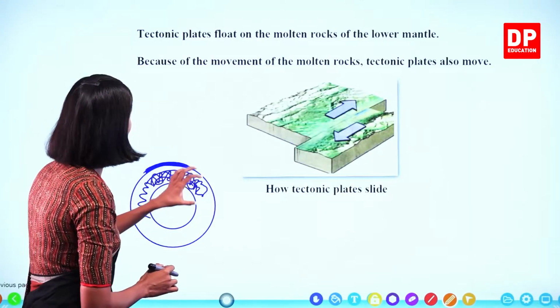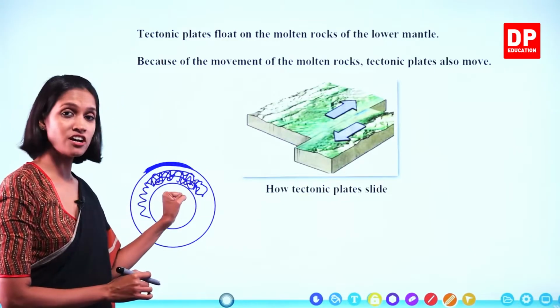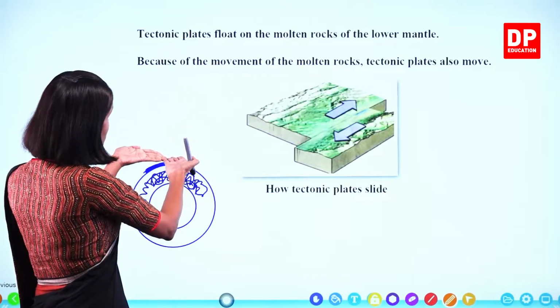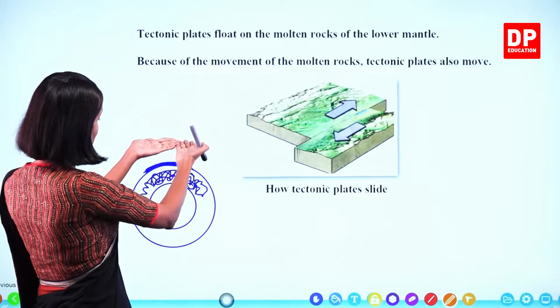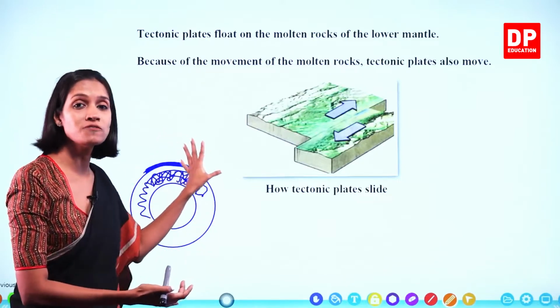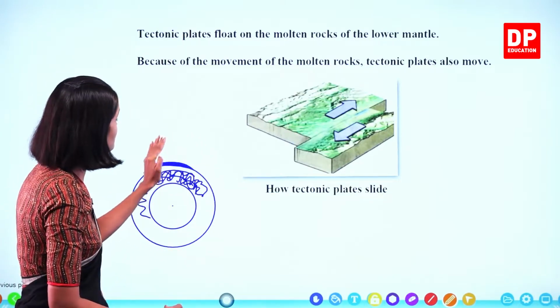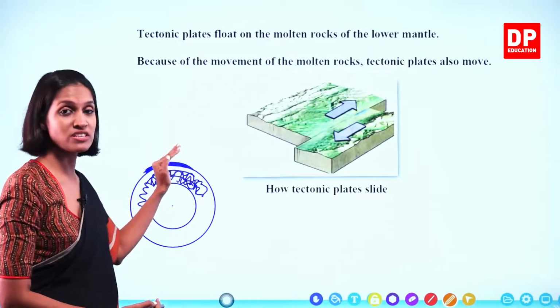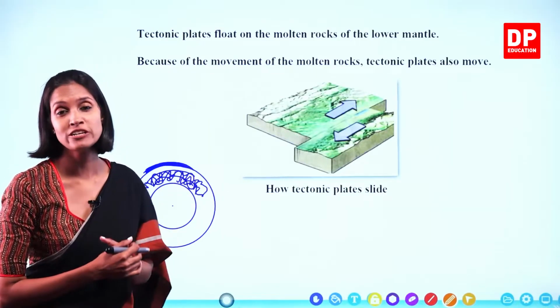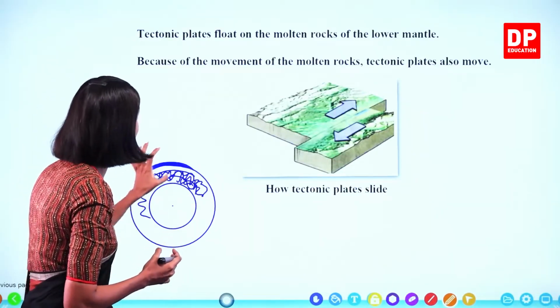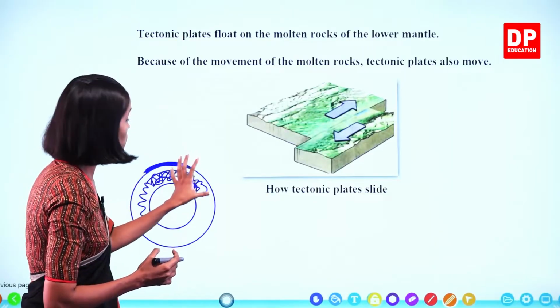So because of the movement of these molten rocks, the solid part above the molten rock layer also moves relatively. Because of this, the tectonic plates also move. These three different types of movement are a result of the movement of these molten rocks.